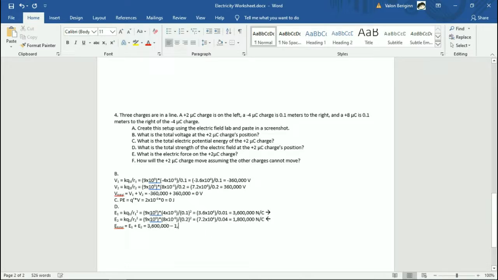They're in opposite directions, so we're going to subtract them. And we get 1,800,000 newtons per coulomb to the right.